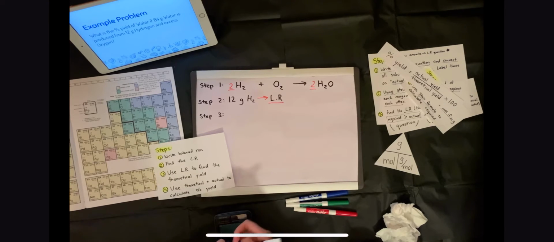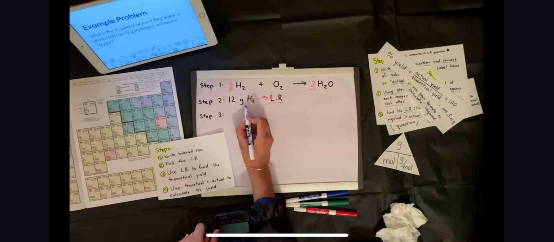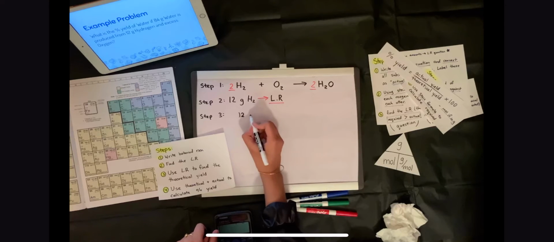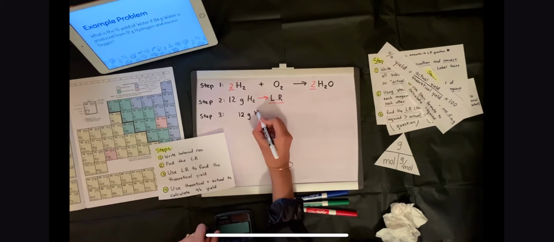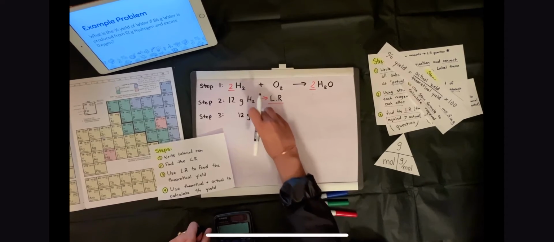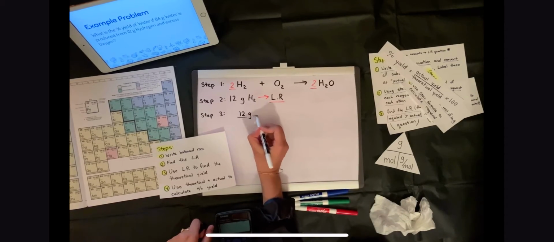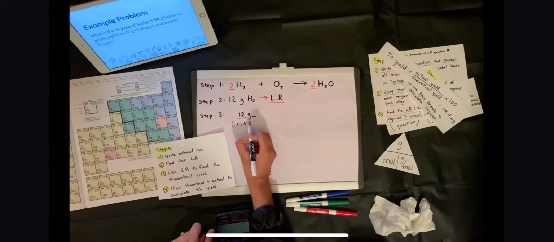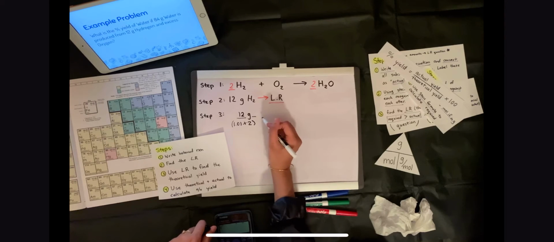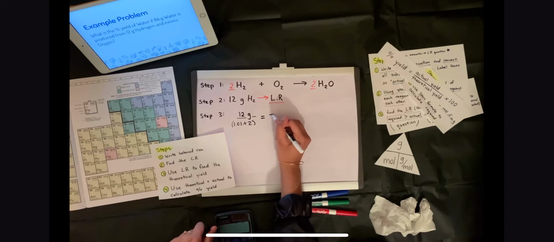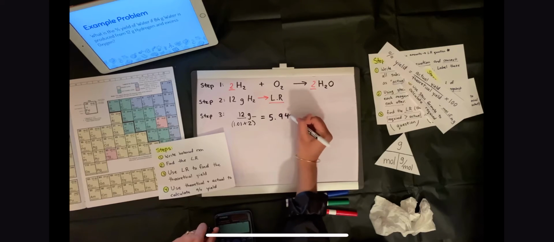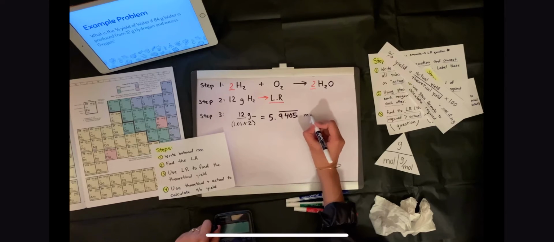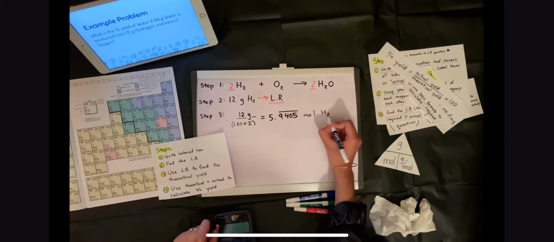Let's start with converting the grams to moles. 12 over 1.01 times 2, because 2 equals 5.9405 repeated moles of hydrogen.